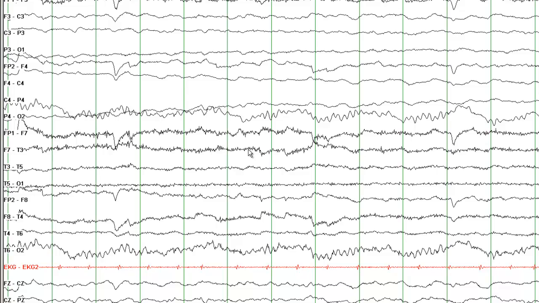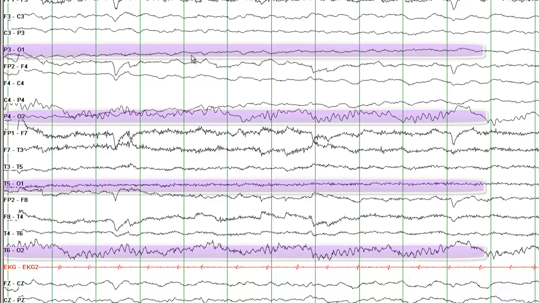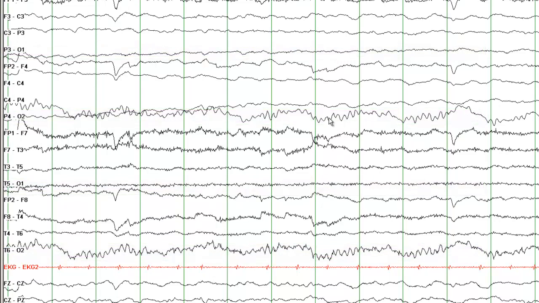So what you see here, first of all, on the very first page, the findings that catch my eye are, number one, there is an asymmetry in the occipital rhythm. If you count the frequencies here, you see almost 8 hertz in the right occipital head region, so P4O2, but you don't see the same kind of rhythm on P3O1.